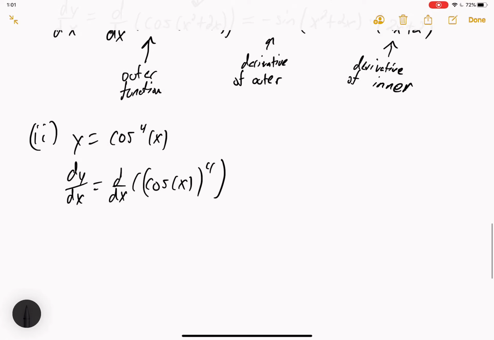So the fact that we have this power right here to the fourth will be our outside. And usually you can just view it as x to the fourth. And then the inner function will be cosine of x.